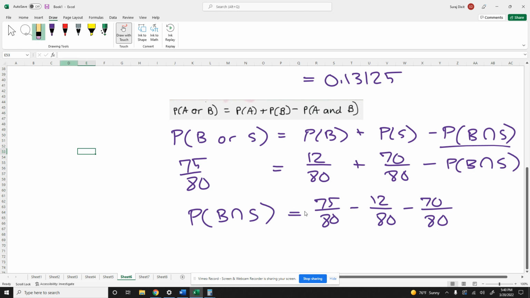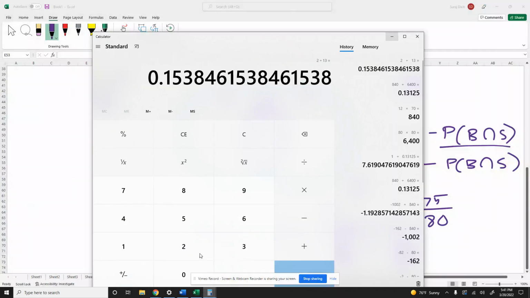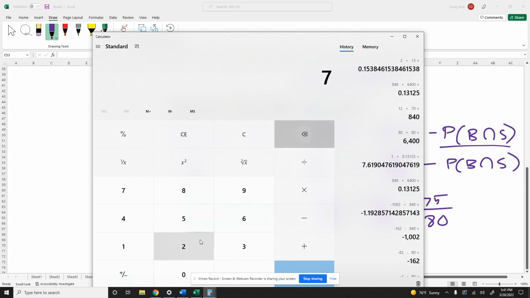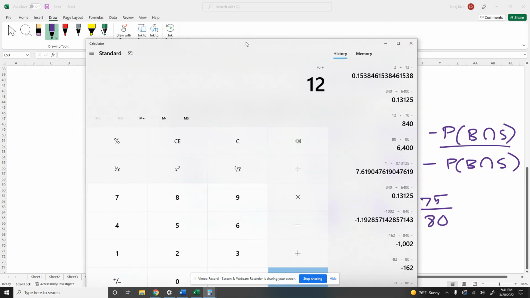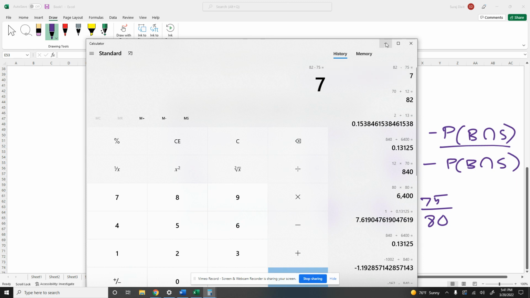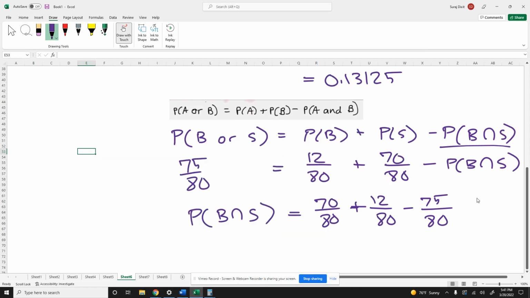Actually, maybe this way. 70 minus. Well, no, it'd be plus and. No, actually, this might work. I did the math wrong. Plus the 12 minus 75 over 80. So 70 plus 12 minus 75. That actually comes out to a positive number. 7. Okay, 7 out of 80.